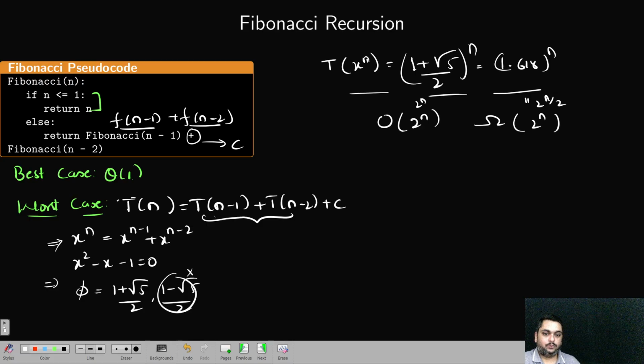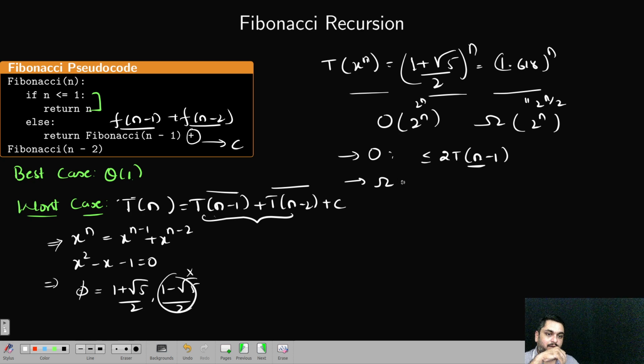What exactly we will do here: first for the upper bound, big O, if you observe t(n-1) and t(n-2), whichever is reducing faster will be less. Since t(n-2) is smaller, it is less than or equal to 2t(n-1), because this is reducing slower.